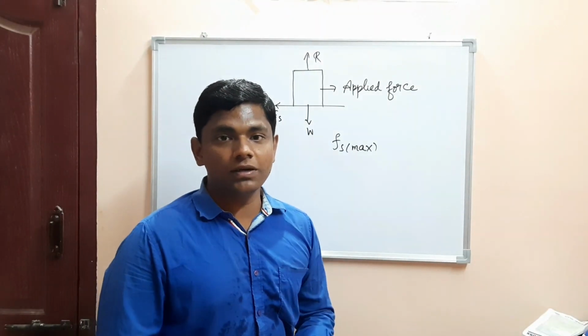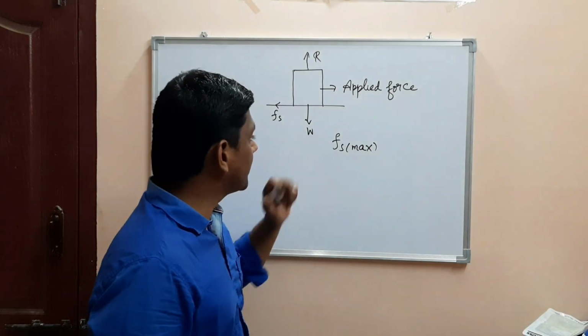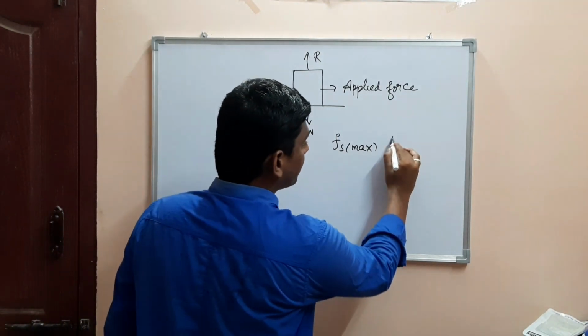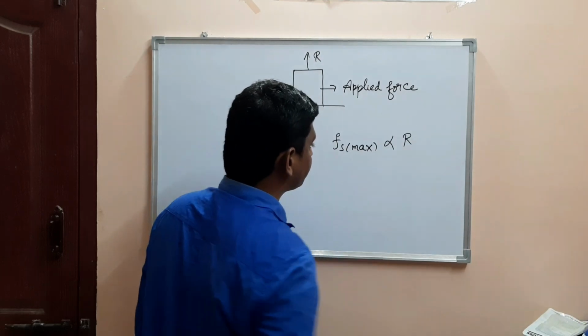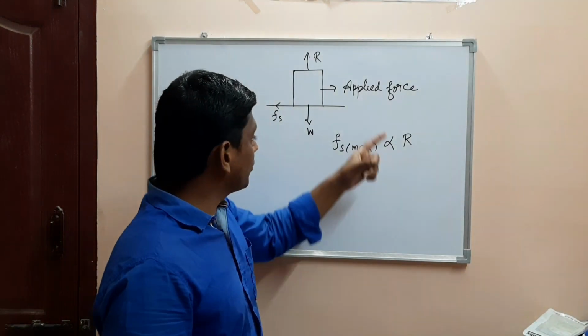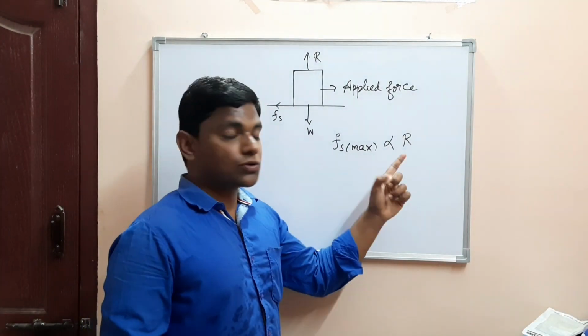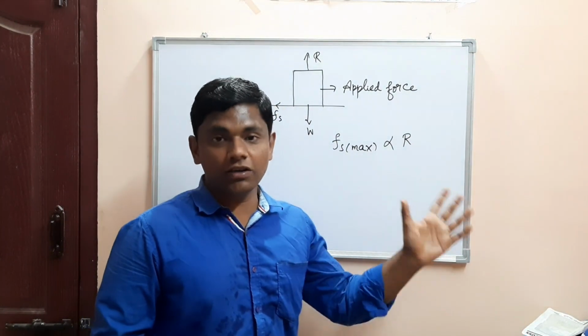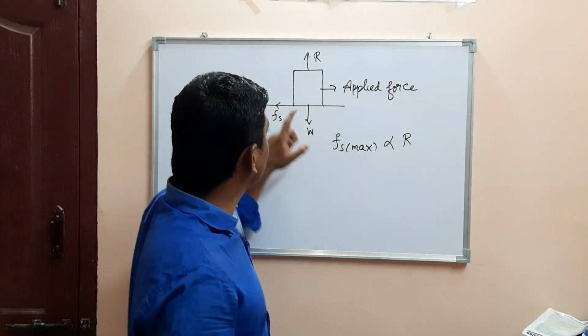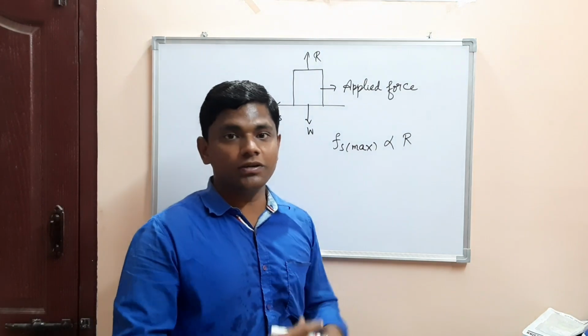This is called the normal reaction force R, and the limiting value of static friction Fs max is directly proportional to R. I am repeating it once again. The maximum value of static friction is directly proportional to the normal reaction force acting on the block. Here the weight of the block is acting downwards and the normal reaction force acts in the upward direction.